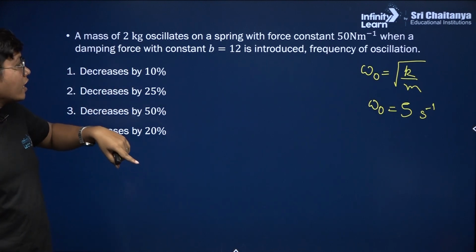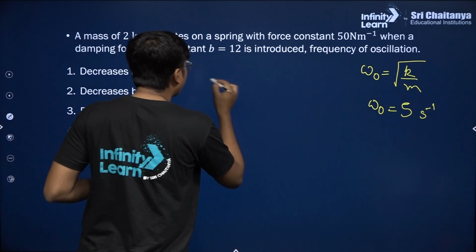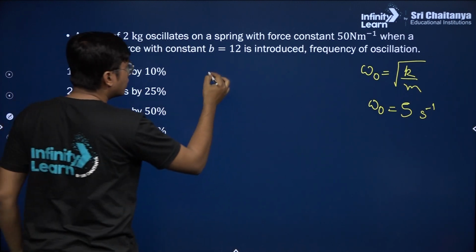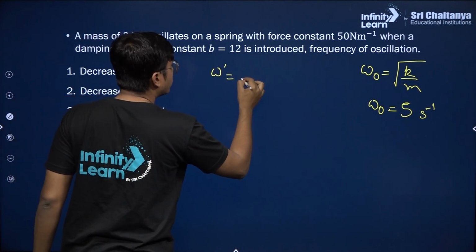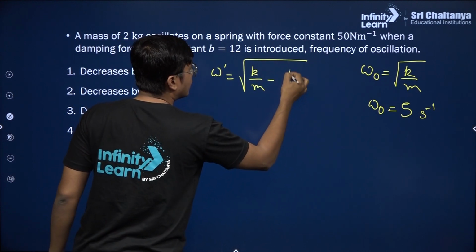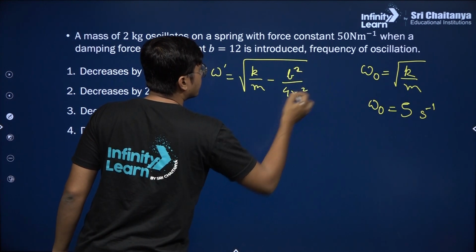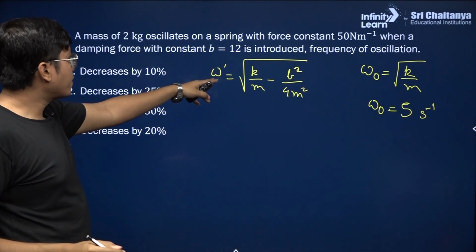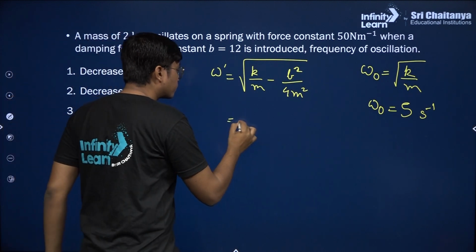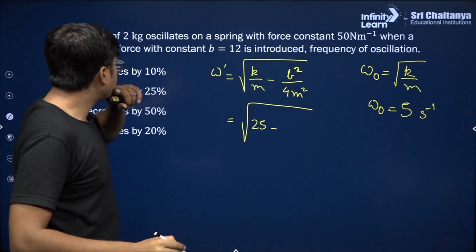And in the next case, your omega dash would be your frequency after damping. Your omega dash would be equal to the relation we did last, root over of k by m minus b square by 4m square. Now, k by m we already got is 25. So, it would be 25 minus b square, b is 12.